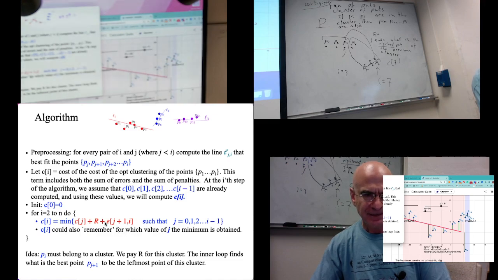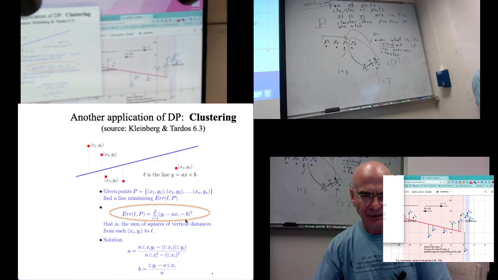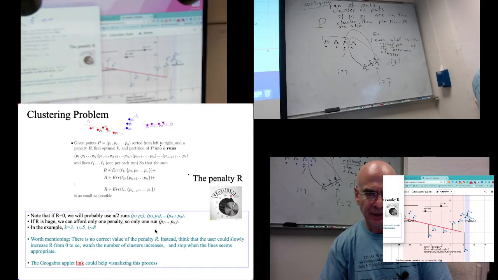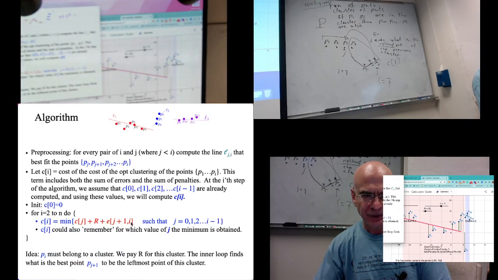The only part that took n squared was to compute these values, the E from j to i. If you are doing it naively, for every j and i you are computing this error. It will take linear time for every j and i, but you can do it in n squared if you are a bit clever.